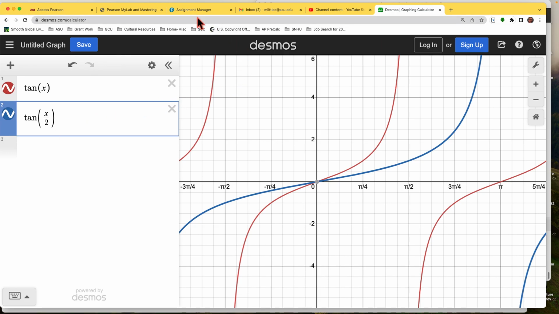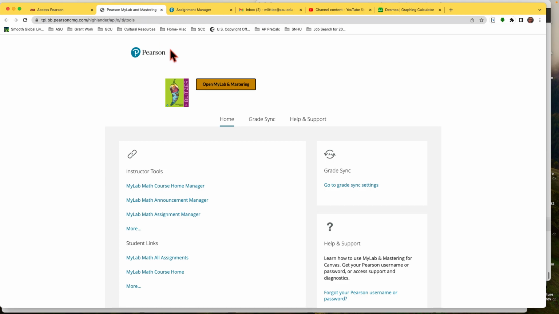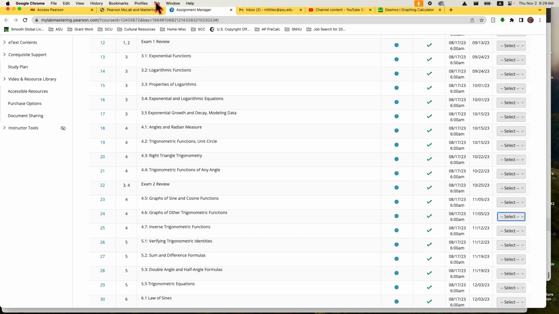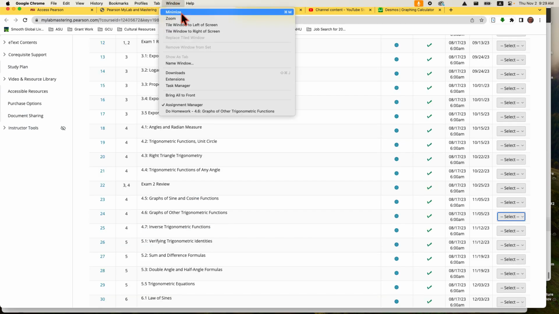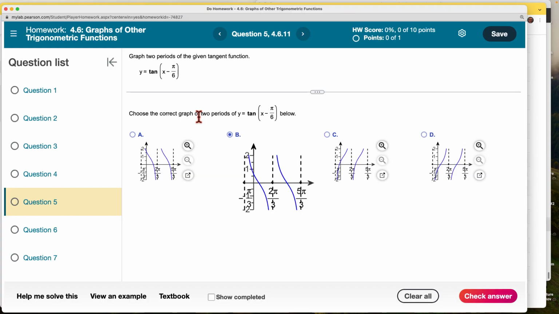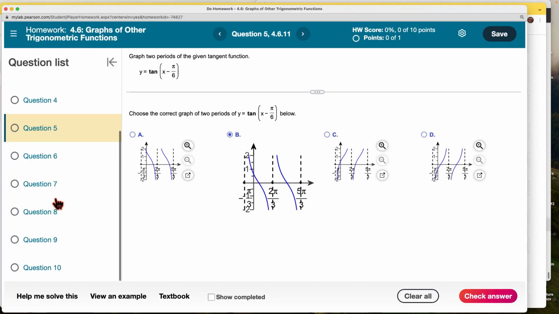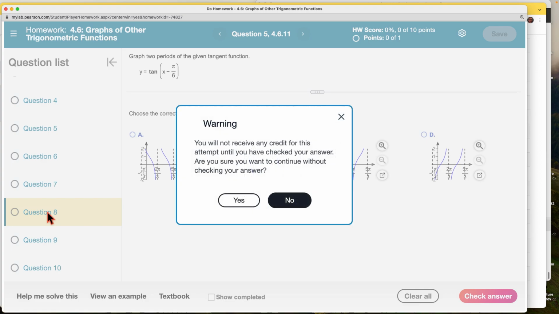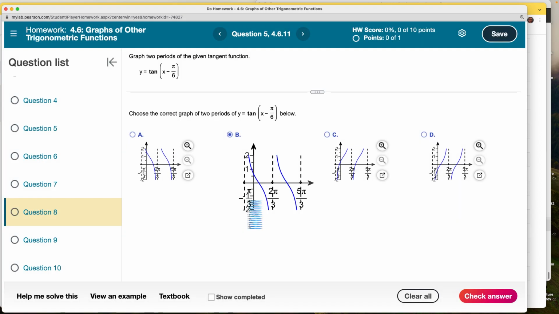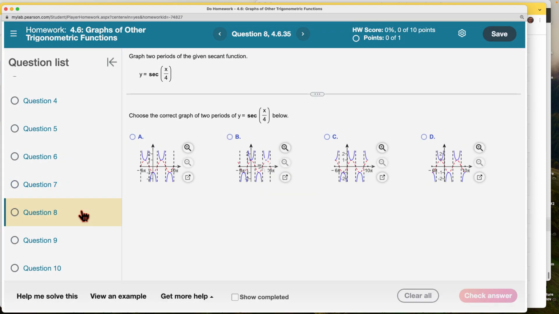Let's take a quick peek to make sure I looked earlier. When I looked this morning, I thought all I saw was tangent.